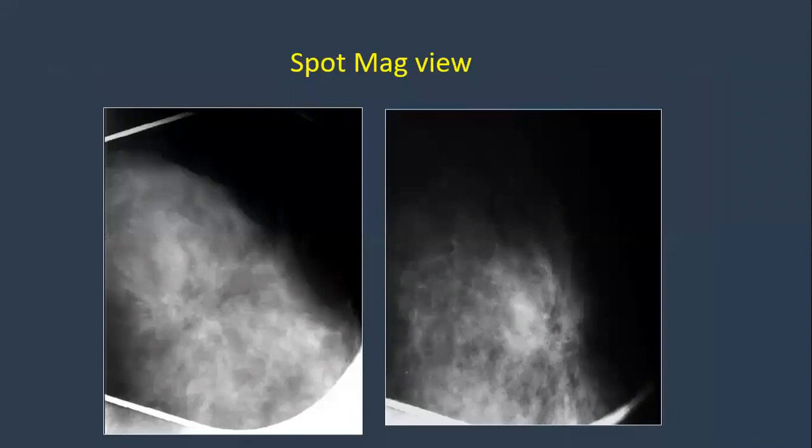And this is a spot magnification view. The spot magnification view shows a lucent area with radiating lines from this area causing tethering of the parenchyma, and a focal area of contour deformity caused by tethering.